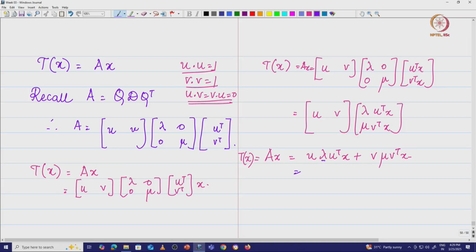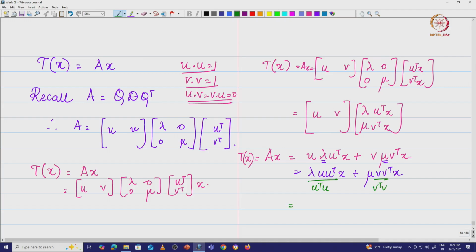Now this guy is a scalar, this guy is a scalar, so I will pull them out. This is going to be lambda u transpose x plus mu v transpose x. Now this is something interesting, we have done this before. I can write this with u transpose u, anyway the length is 1, and this I can write as v transpose v.